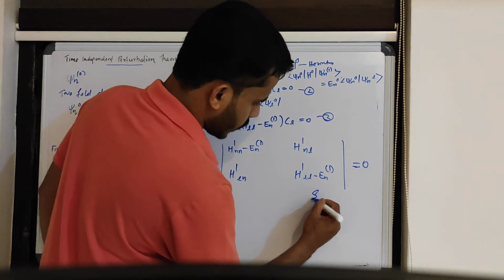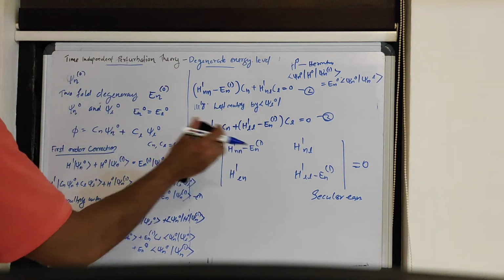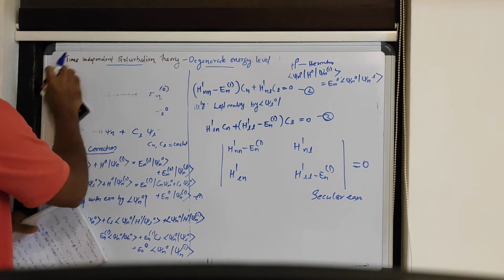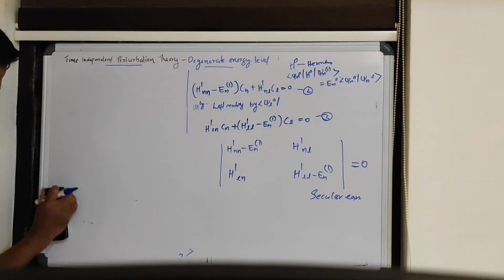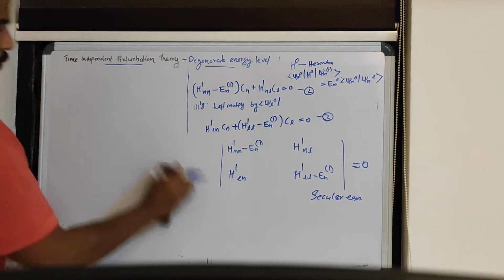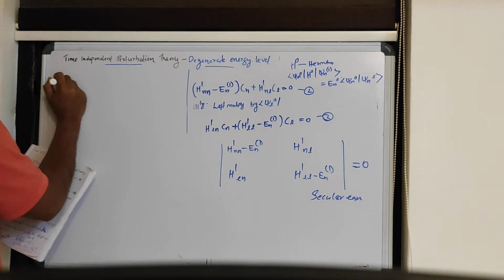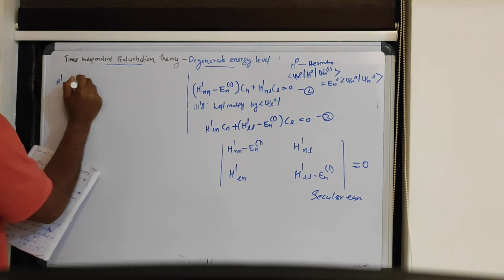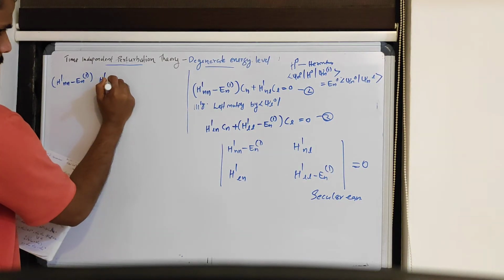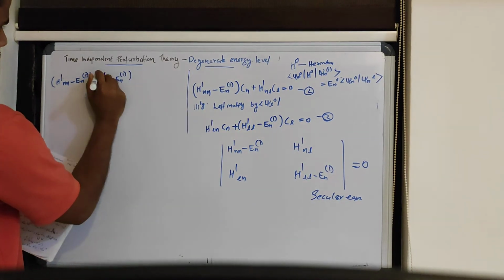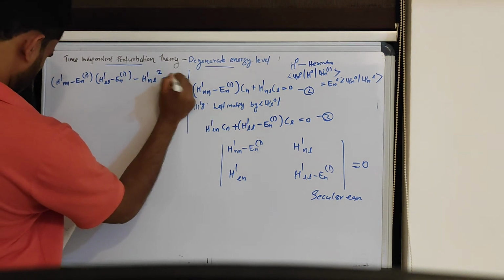This is called the secular equation. So if I take the determinant of this one, it becomes h prime nn minus En1, h prime ll minus En1, minus h prime nl mod square, is equal to 0.